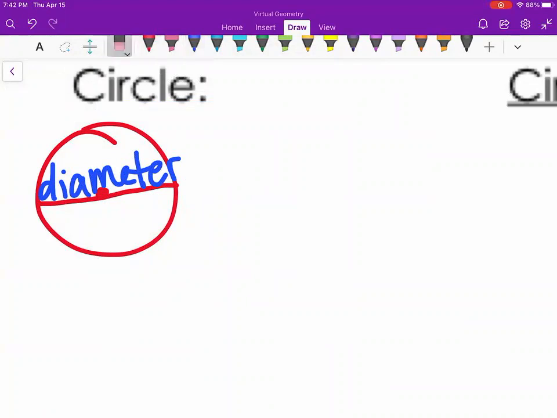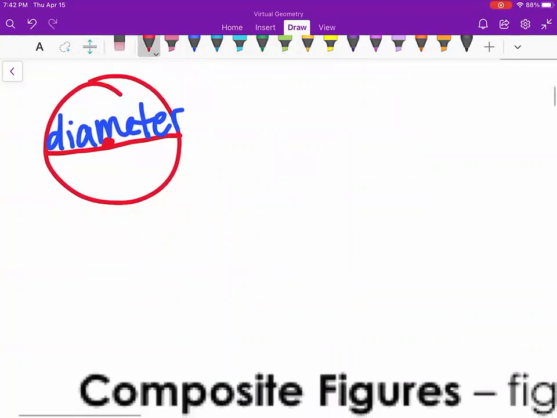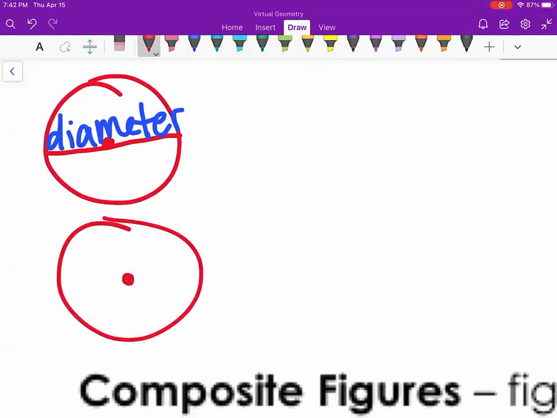The other thing that we are going to be looking at when it comes to circles, so let me get another circle here, are the lines that go from the center to the edge, and we call those the radius. So when we get these values, we can use them for our different formulas.